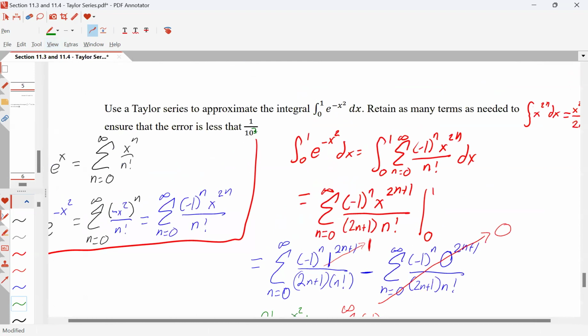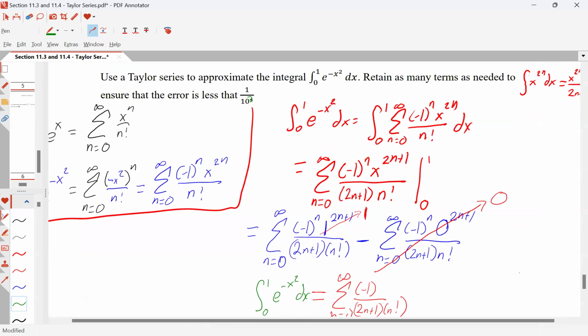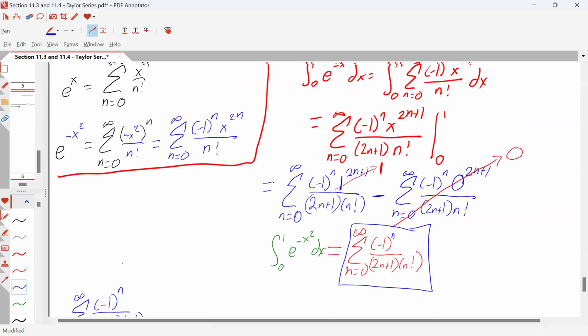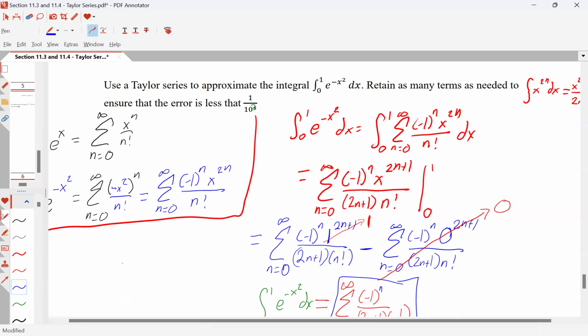This is now saying, I want to take this series I have found, and I want to approximate the series n equals 0 to infinity of negative 1 to the n over 2n plus 1 times n factorial. Some of the wording here is to ensure that the error is less than 1 over 10 cubed.